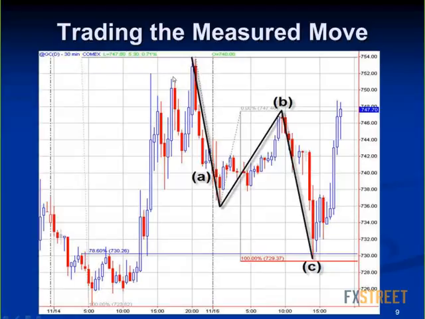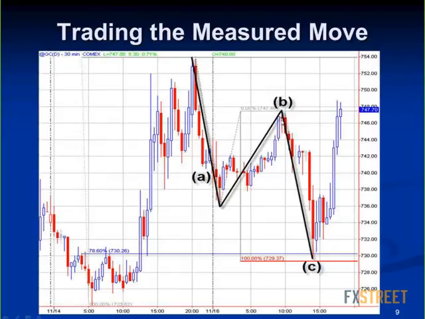What we've got then is, from a high, price comes on down. It's a counter trend move. We then get the B move that runs on up, and this B move has got momentum behind it, but then this momentum just dies away.